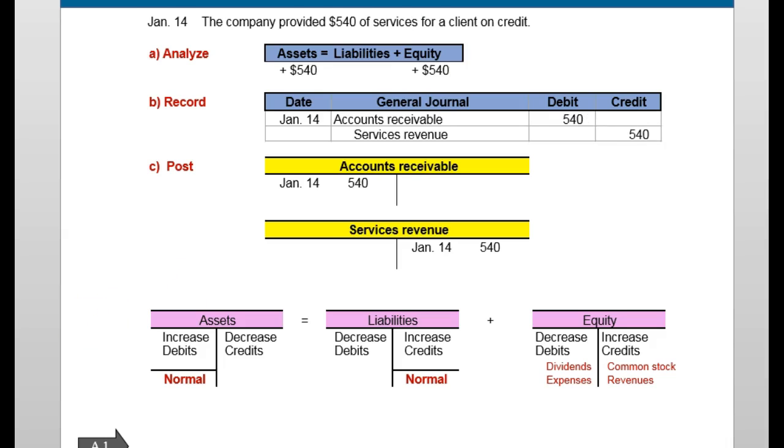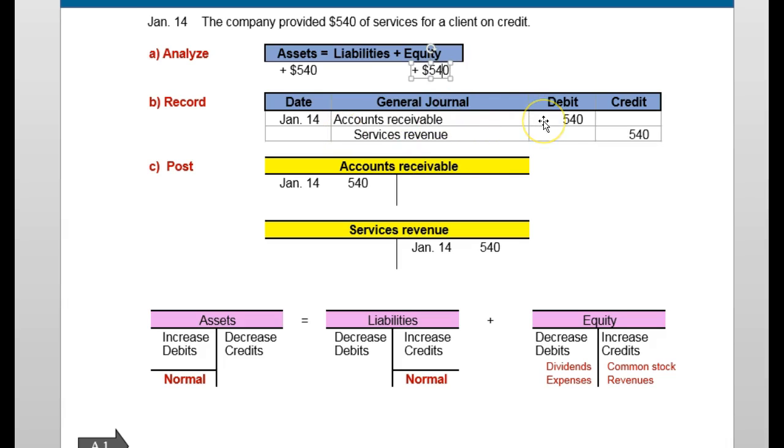One more. The company provided $540 of service to a client on account. Well, typically you would get money, but now they've charged it. So that brings up an asset increase of $540, and that asset is accounts receivable. And I'm going to increase my equity, right, because revenues increase equity.